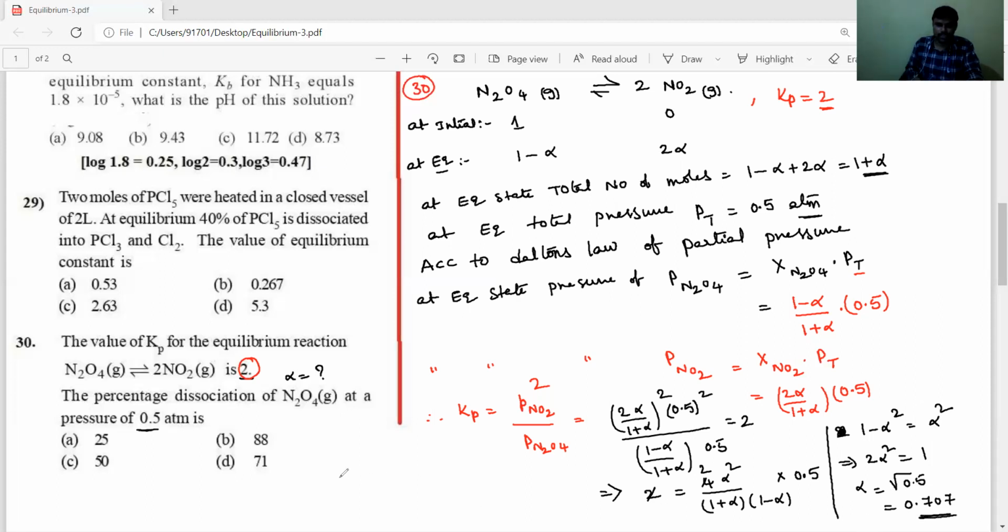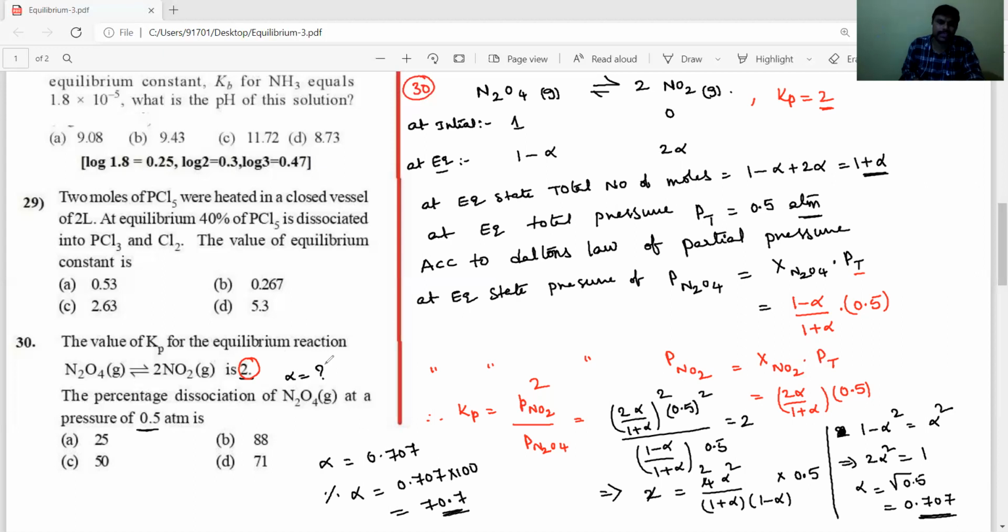So alpha is 0.707, dear students. Percentage of alpha is 0.707 into 100, which gives 70.7. So the answer is approximately 71%.